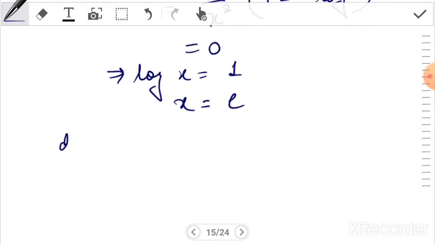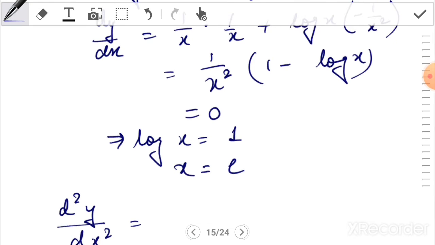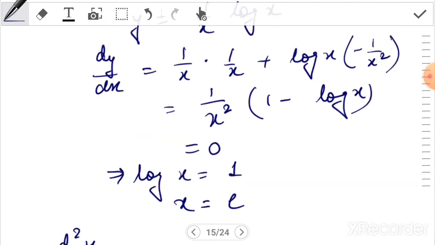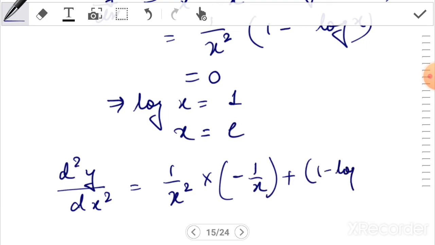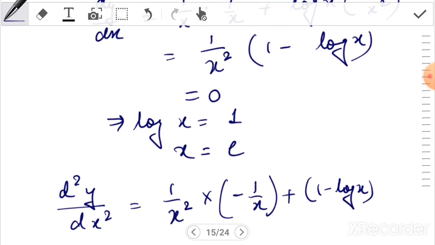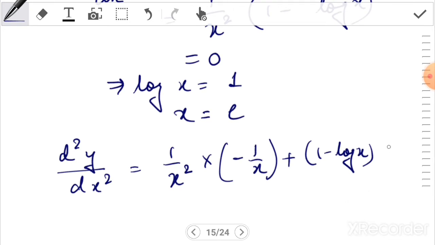Now let us find the second order derivative. So 1 by x square into minus 1 by x plus 1 minus log x, and the derivative of 1 by x square is minus 2 by x cube.